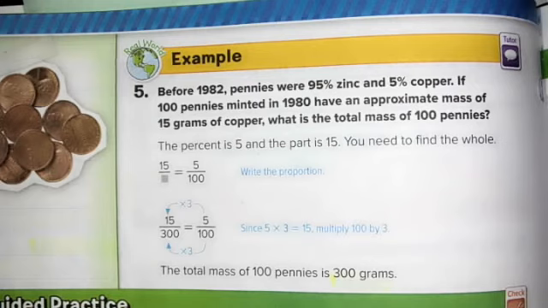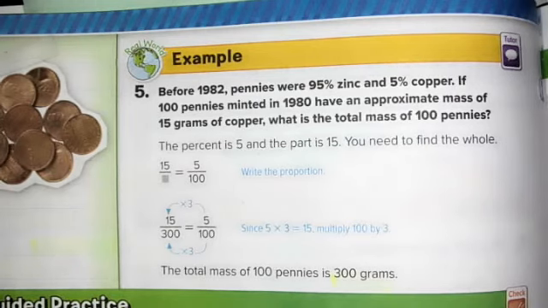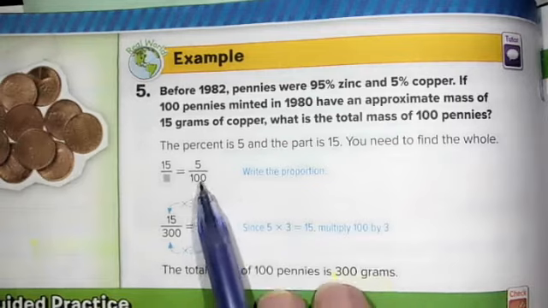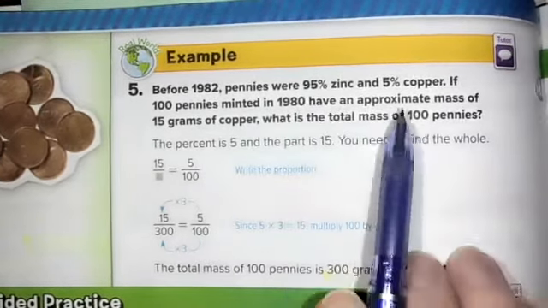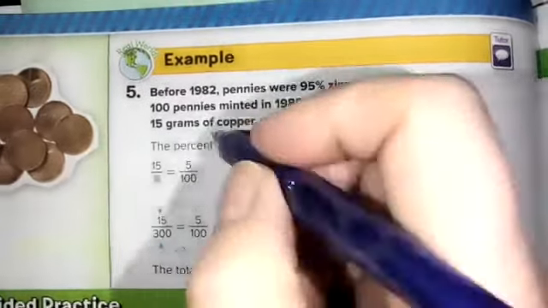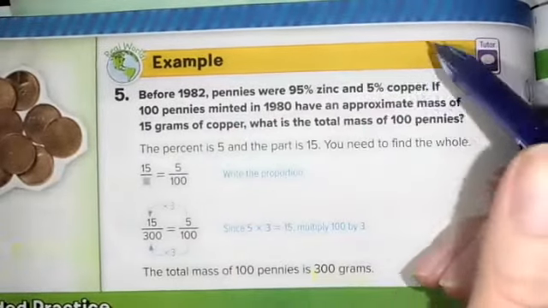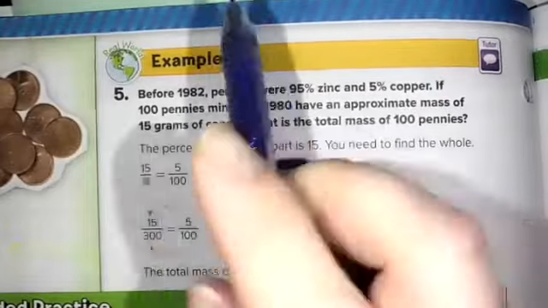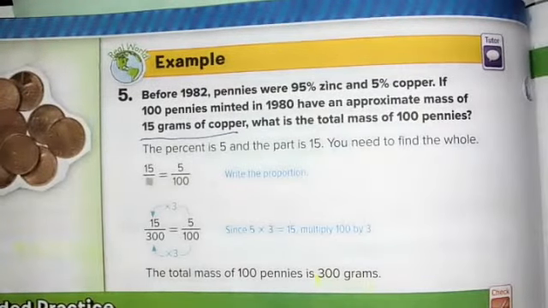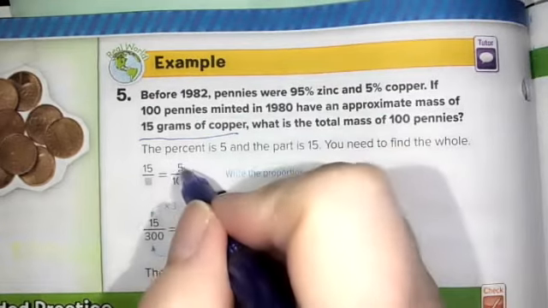So we see that the 5% is written for us, 5 over 100. 15 grams of copper were included in the mass of those 100 pennies. So that's the 5%.